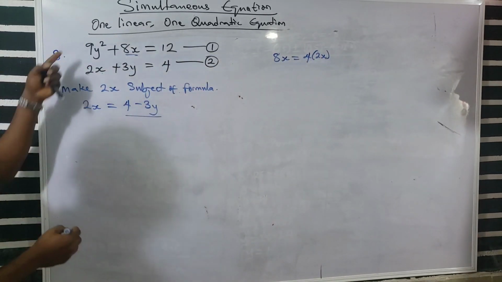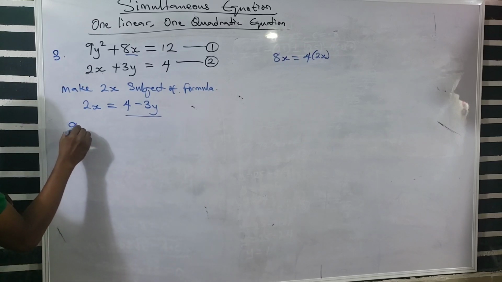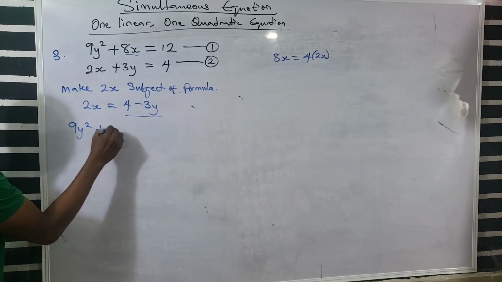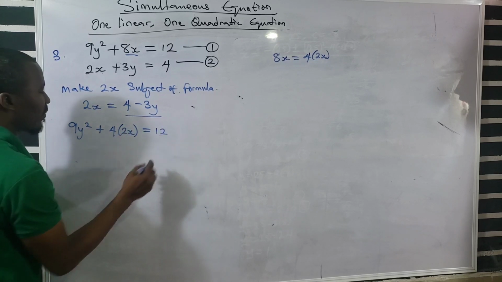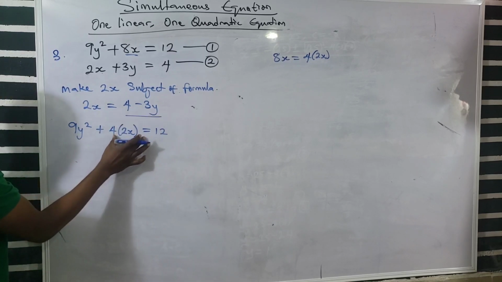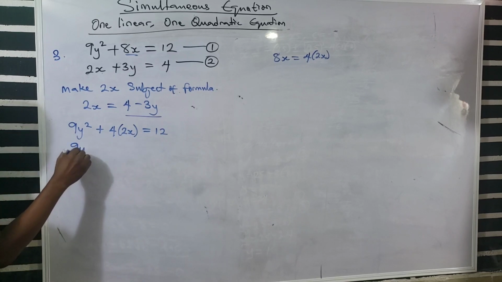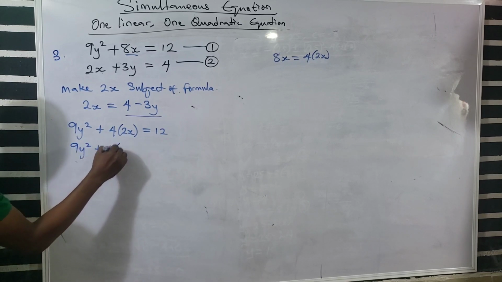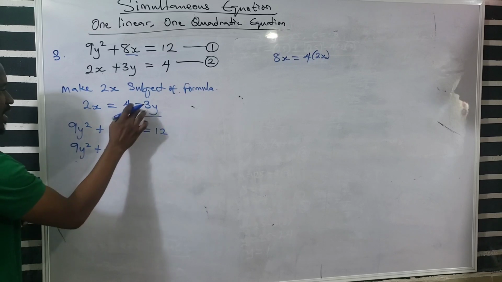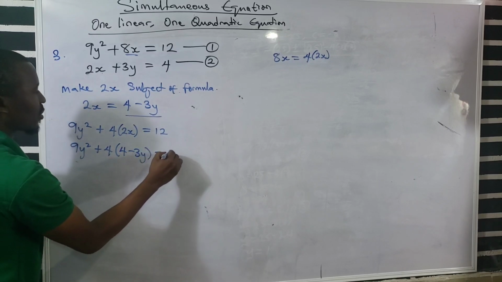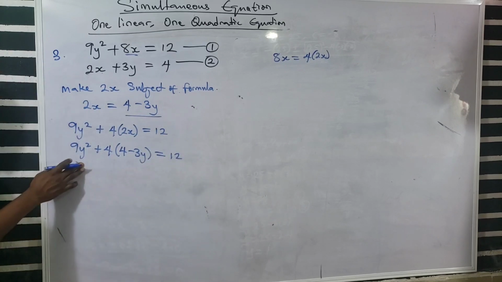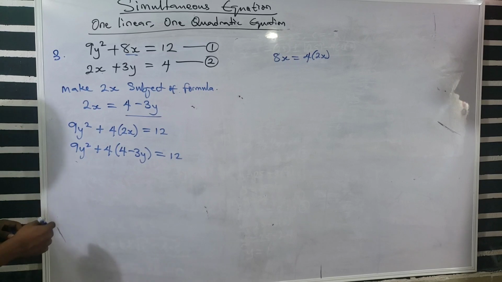So we can write our equation 1 as 9y squared plus 4 into 2s equal to 12. So when you put this one here, you're going to have 9y squared plus 4 into, in place of 2s, I'm going to have what? 4 minus 3y equal to what? 12.